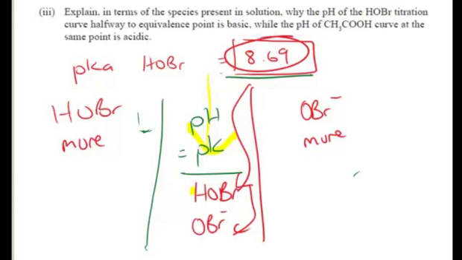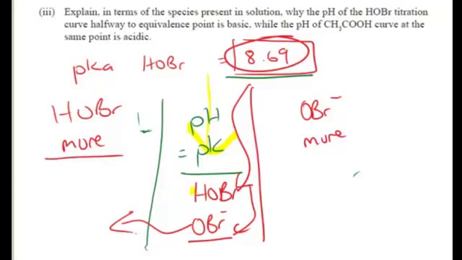What does this tell us? That means that OBr minus, which is the base component, must be producing more hydroxide ions. It's dissociating more, and that means it's a stronger base. Prior to this point, if we still have a basic pH, even though there are fewer OBr minus ions present in solution, they must be producing more hydroxide ions, making it a basic solution.